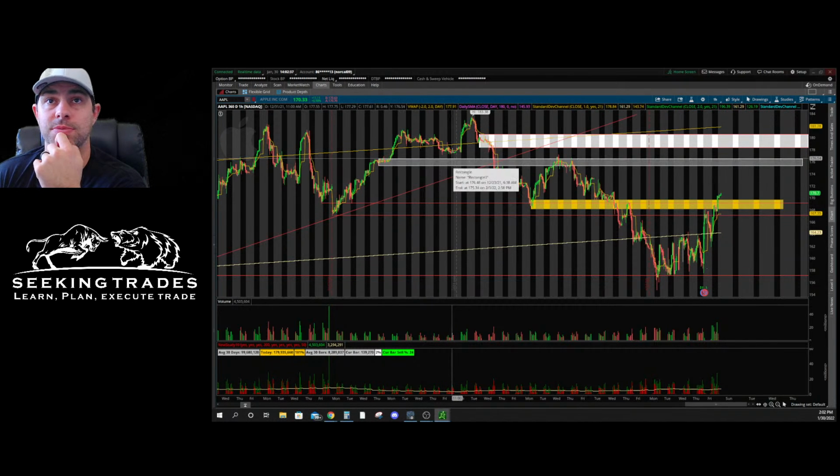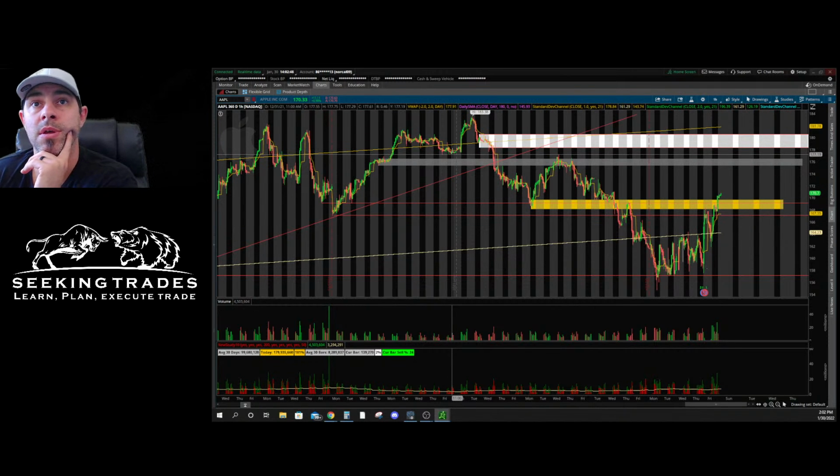Just missed it by a couple bucks, right? Roughly, or not even a couple bucks, like $1 or whatever it was. Missed it. It got bought up. Big old push back up, consolidated sideways, and that right there could have been another.